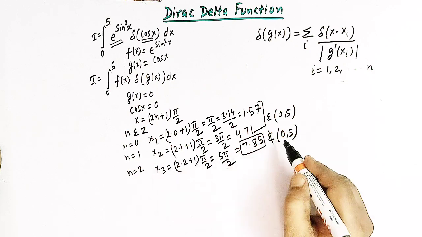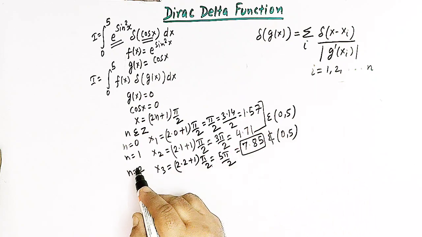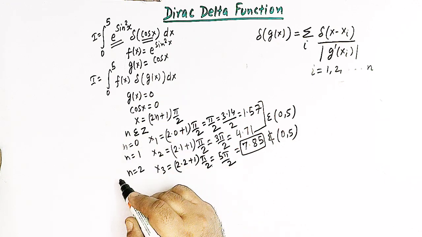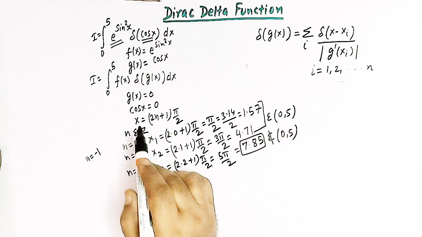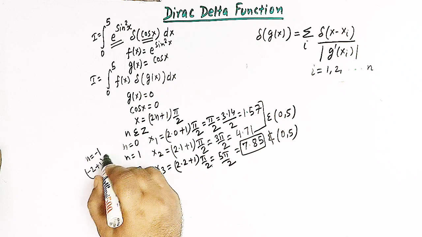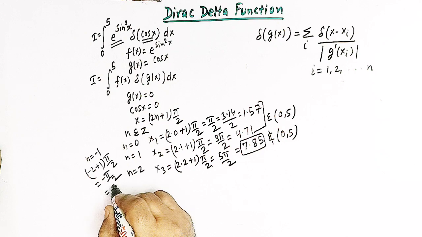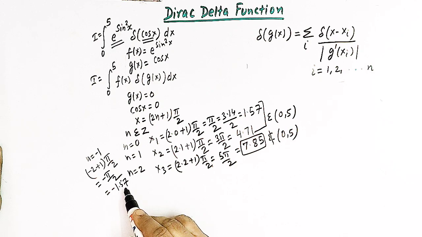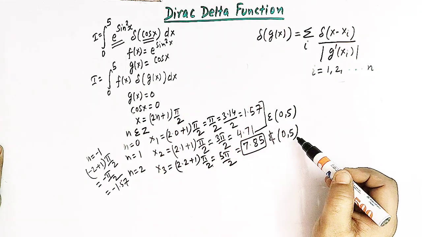Similarly, we can show that for higher values of n the roots don't belong to the interval 0 to 5, so we cannot take values of n above 1. Similar is the case with negative values. If we take n equal to minus 1, then the value of x is (minus 2 plus 1) pi by 2, which is minus pi by 2, or minus 1.57, and this does not belong to the interval 0 to 5.